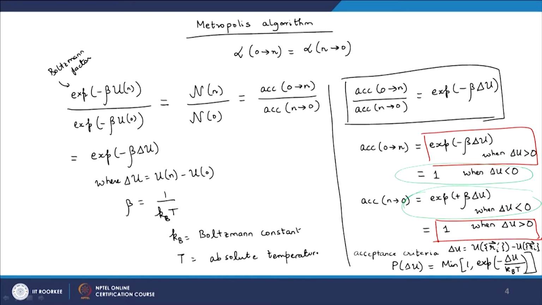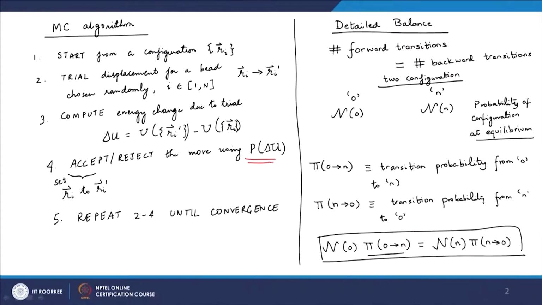All right. So, now if I go back to my Monte Carlo algorithm, we have figured out how to accept and reject the move. I have looked at the probability of acceptance, rejection will be just 1 minus that, and now we are pretty much all set to do the simulations.